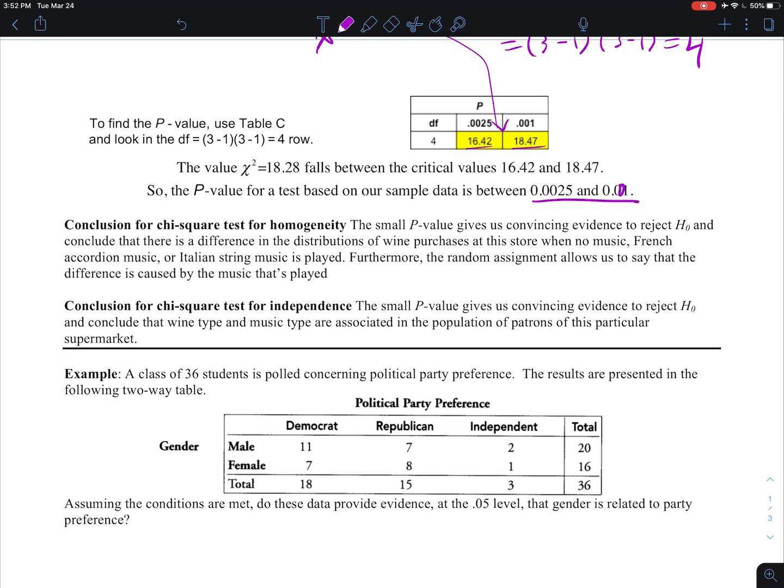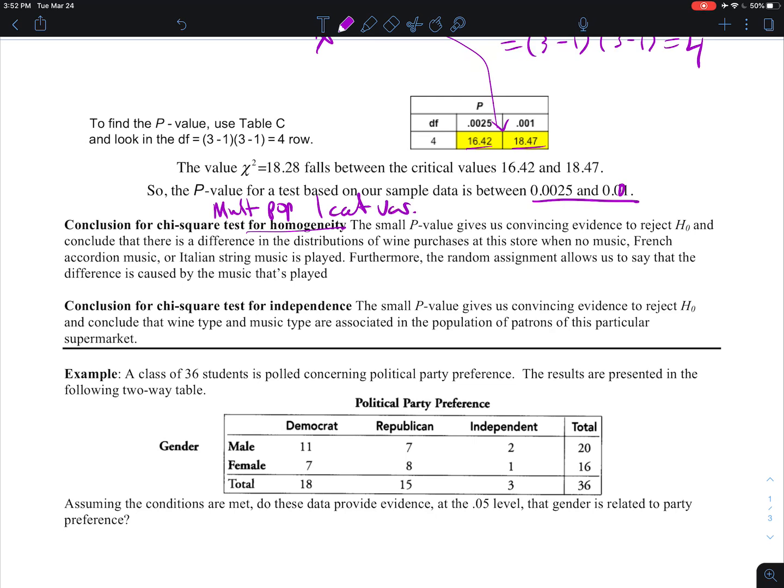Surely, at that p-value, for any reasonable alpha level you would likely reject, if this were a test for homogeneity of proportions. And again, that's when you're treating them as multiple populations and one categorical variable.